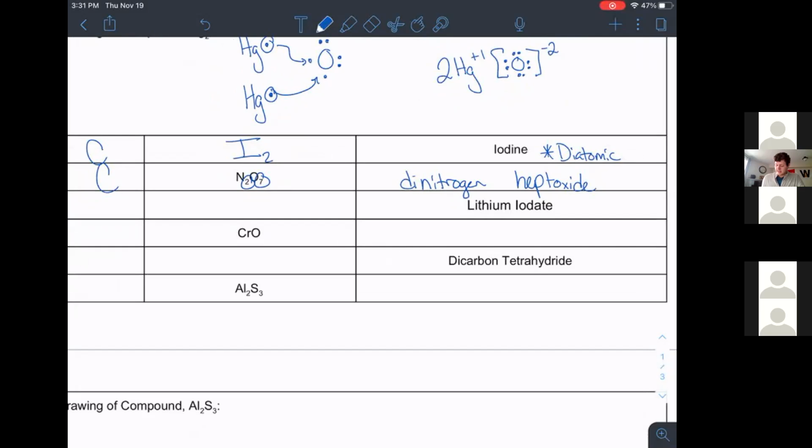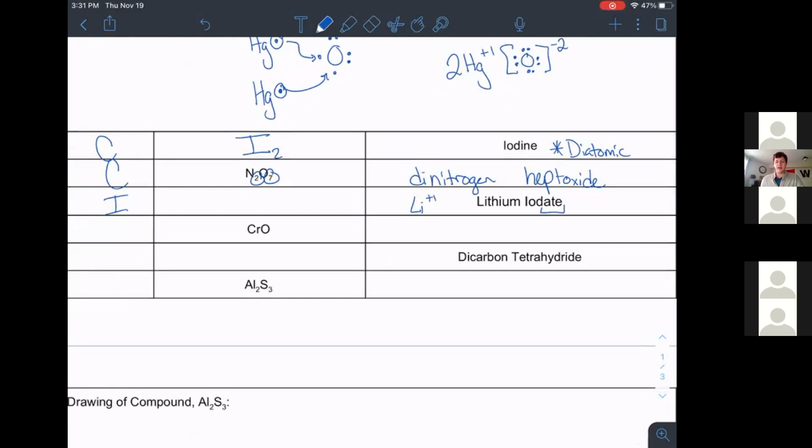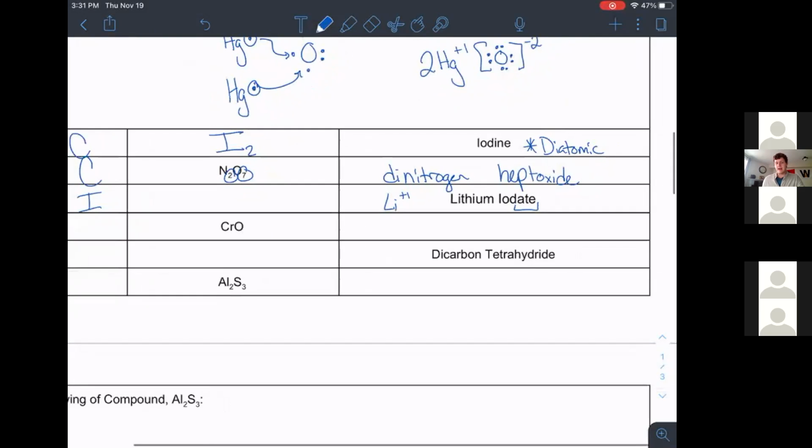The next one is lithium iodate, and lithium is a metal, which makes this an ionic compound. Lithium is Li with its +1 charge because it will lose 1 valence electron. Iodate is not the same as iodide or iodine. That ATE tells us we're looking on our polyatomic ion sheet.